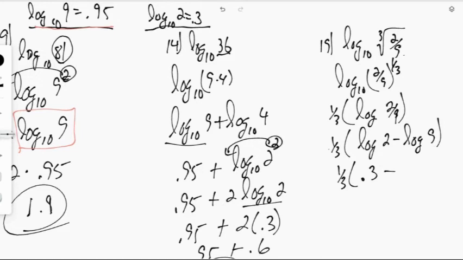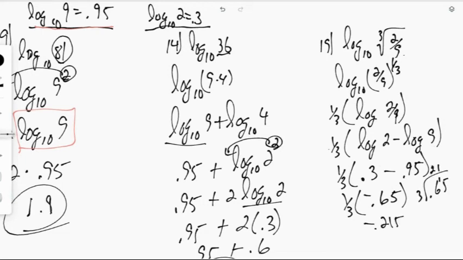They gave us the 9, which is 0.95. So we're going to subtract those, so it's 1/3 times negative 0.65. So negative 0.215, so negative 0.22 rounded to 2 places.